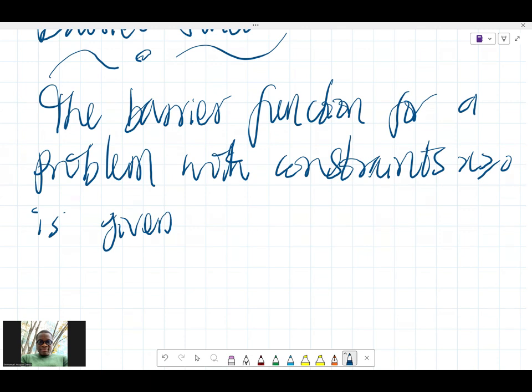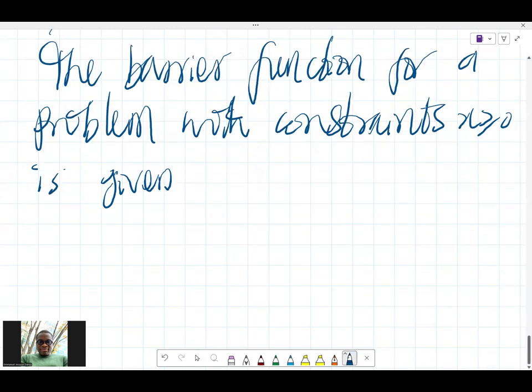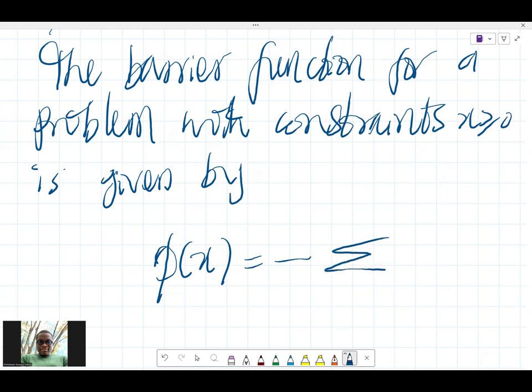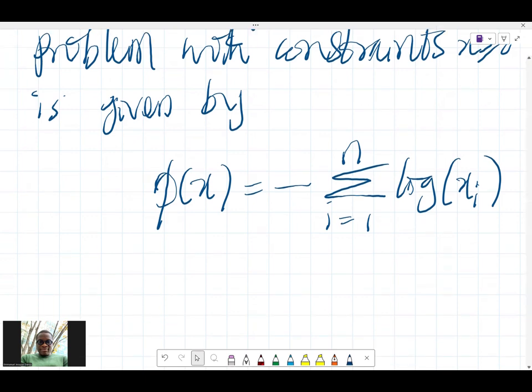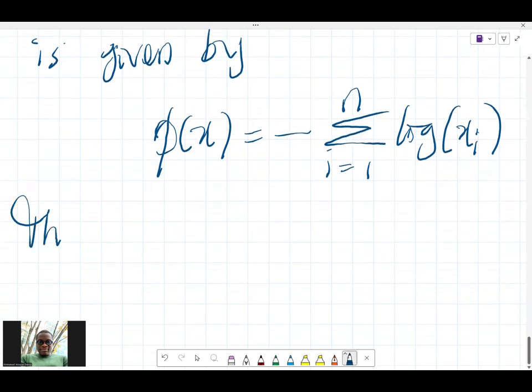It can be 0, it can be positive, always non-negative. So with constraint x greater than or equal to 0 it is given by phi of x, which is equal to minus summation from i equals 1 to n of log x sub i. That means we have minus into bracket log x1 plus log x2 plus log x3 up to log xn, right?